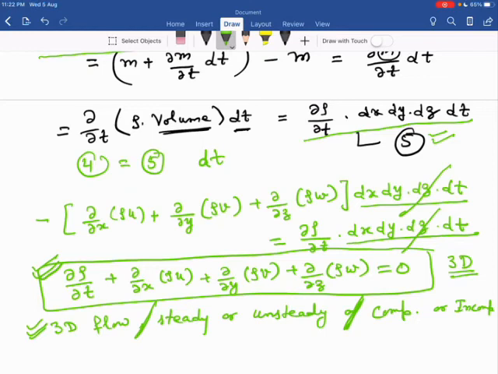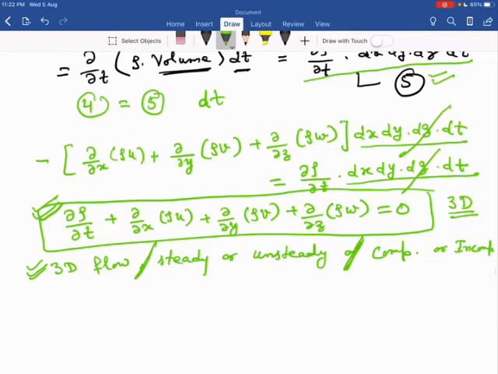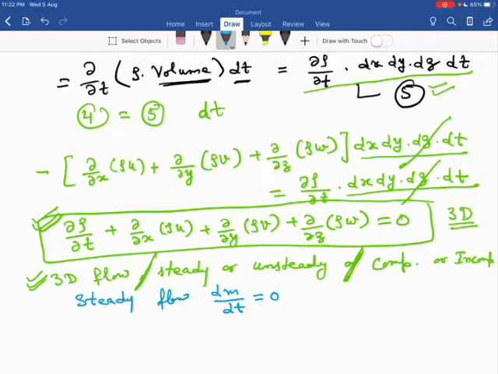Now if I use one assumption over here, say the flow is steady flow. If the flow is steady flow, you can write dm/dt equal to 0. The mass flow rate is constant. So when mass flow rate is constant, that means the change in density with respect to time is also constant.